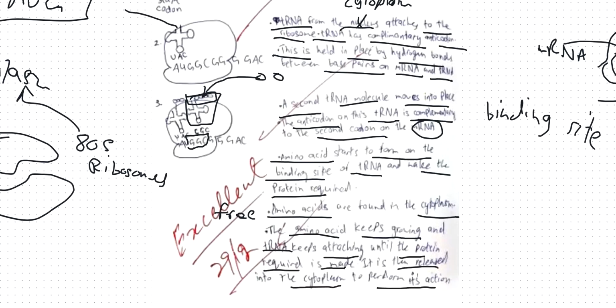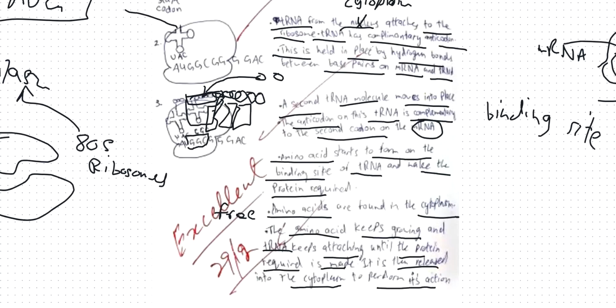So these were the two tRNA molecules. Another tRNA molecule comes, and then the amino acid chain grows, and this keeps on happening. So new tRNA molecules keep on attaching, and new amino acids are continuously binding to the binding site.